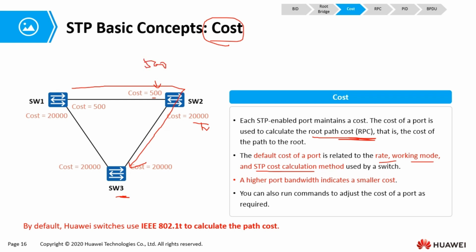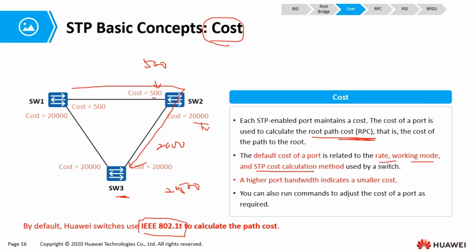Switch 2 to switch 3, my cost is 20,000. In total, 23,500 is the root path cost I need to forward my data from switch 1 to switch 3. You have to remember that by default, Huawei uses the IEEE 802.1t standard to calculate the path cost.